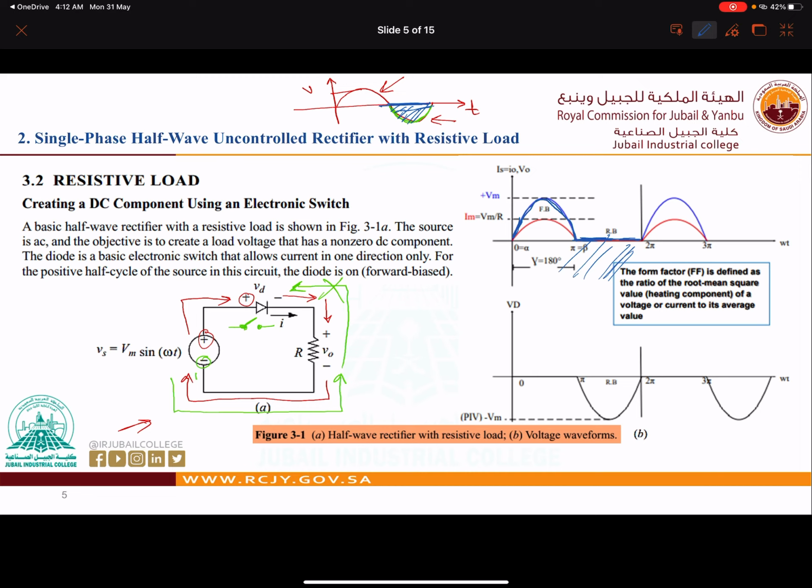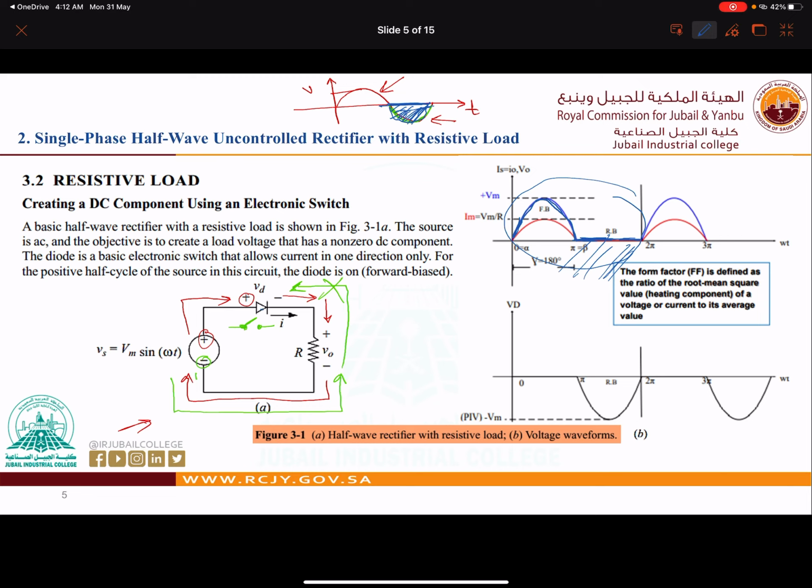The negative ripple here is removed. That's why we have a half wave. So we have one pulse here. Okay? So this is for one cycle.